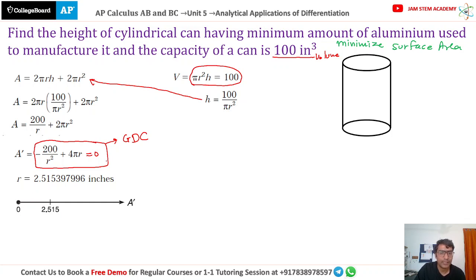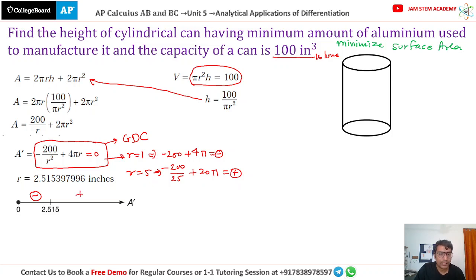If I put r equal to 1 in this expression, I'm getting negative 200 plus 4 pi, obviously negative. And for a value more than 2.5, take 5. You will get negative 200 over 25 plus 20 pi. This value comes out with a positive sign, obviously.